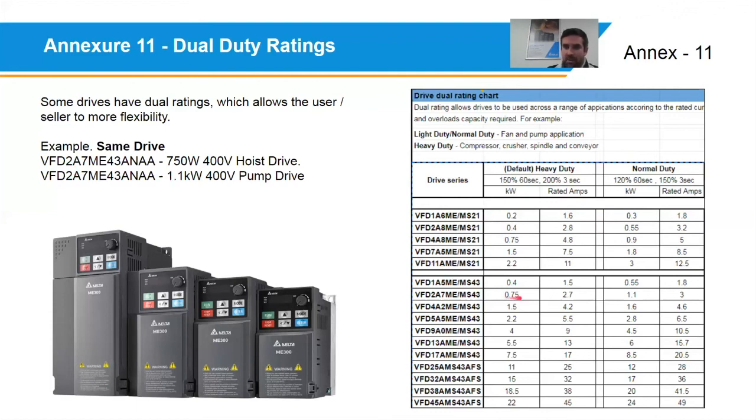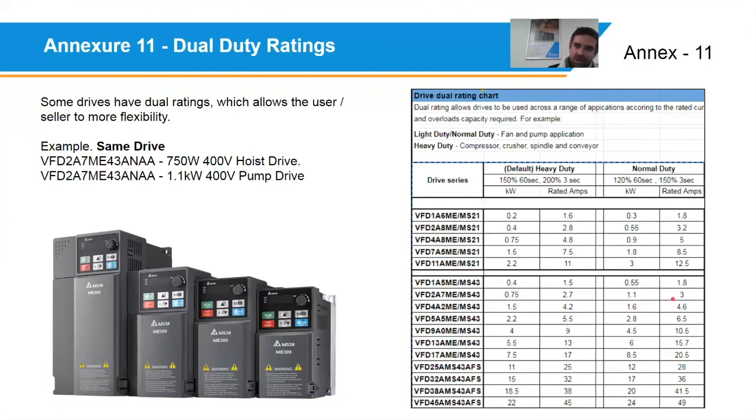So you chose a 0.75 kilowatt ME. It's rated at 2.7 amps, heavy duty, just as the name suggests, 2A7. If you select the light duty component of this drive, the rated amps is actually 3 amp and typical kilowatt about 1.1. So this is common for every single M series drive.